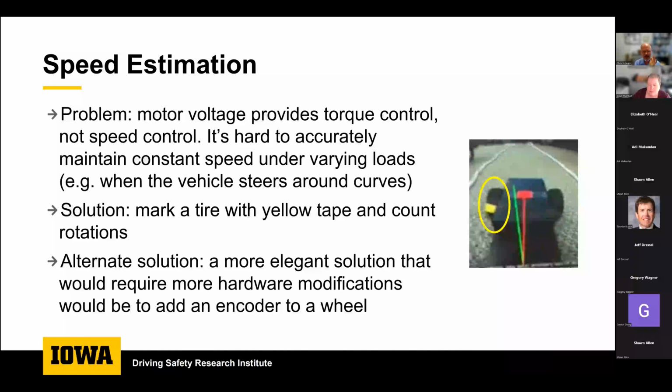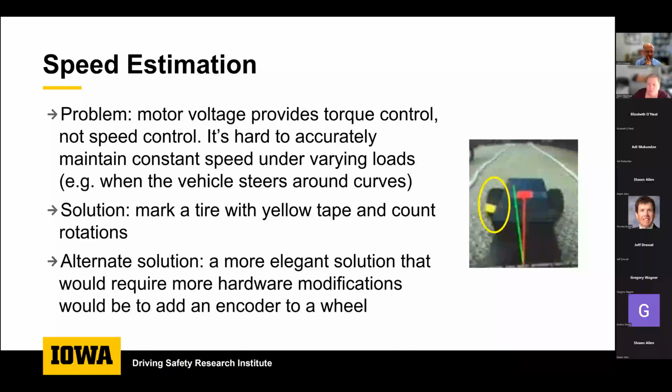Now, admittedly, that's a bit of a hack to use this tape like this. Really, what you would do if you were engineering this from scratch, maybe you would get an encoder that might go on the inside of one of the wheels, or on the outside, whichever, and it has a sensor like a light sensor or something that as that encoder rotates, it's a little bit like a fan going around and around, and you can just count the gaps in the fan.